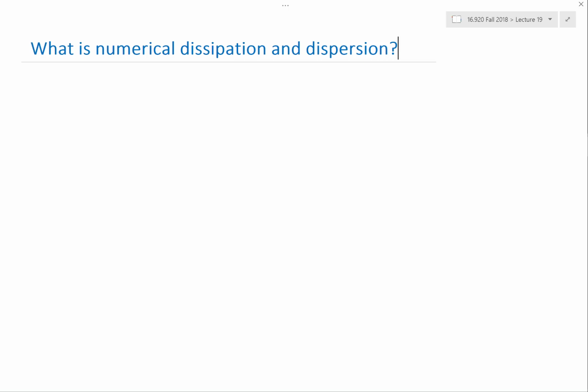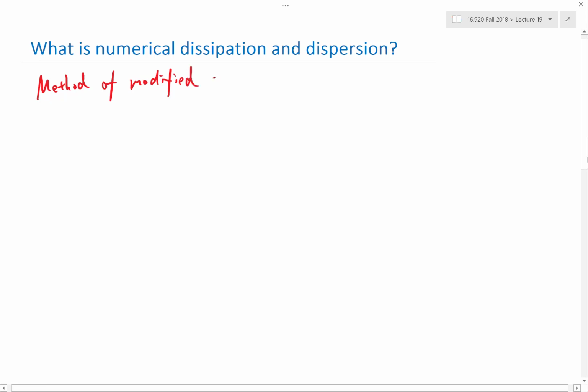So the way to analyze them is what's called the method of modified equations. Dispersion and dissipation, they are both concepts in differential equations.